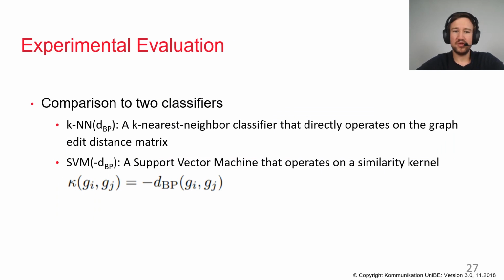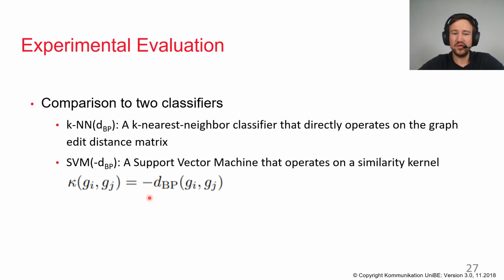So for the experimental evaluation, we compared it to 2 classifiers. One of the classifiers is denoted later as KNN-DBP. It is a k-nearest neighbor classifier that directly operates on the graph edit distance matrix denoted as DBP. Then the second classifier is support vector machine denoted as SVM-DBP, and it operates on a similarity kernel that is defined as follows.